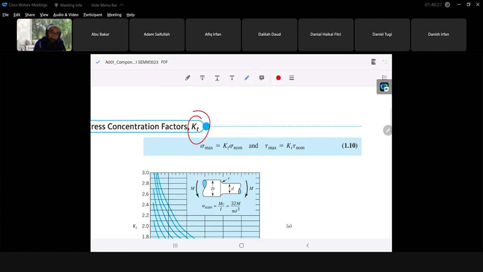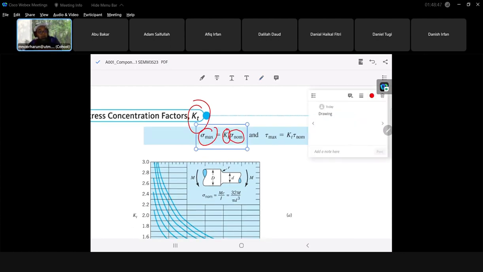They use nominal, where nominal means original, and max is the real one after multiplying with KT. This is for static.